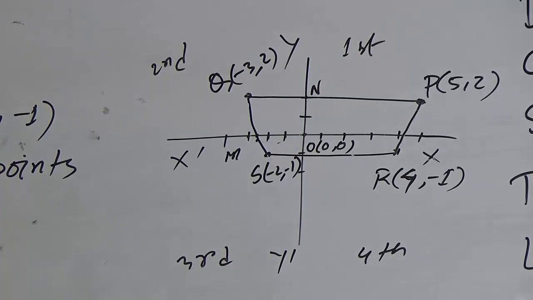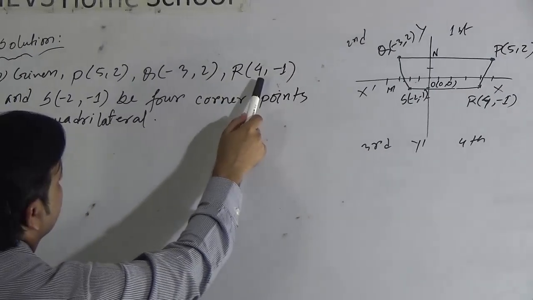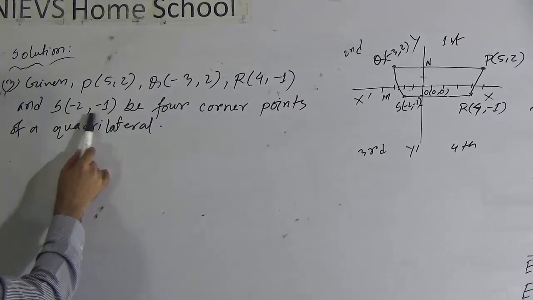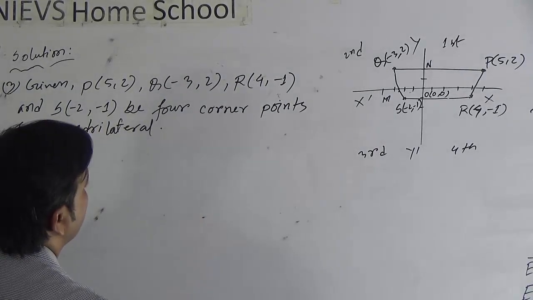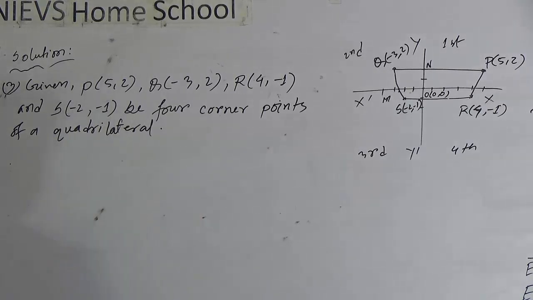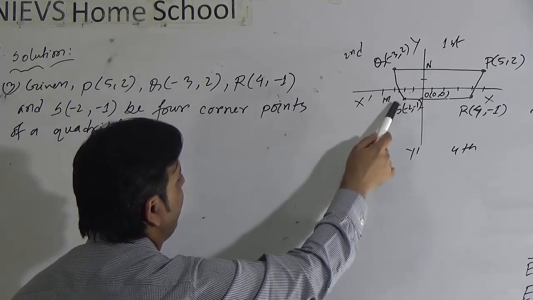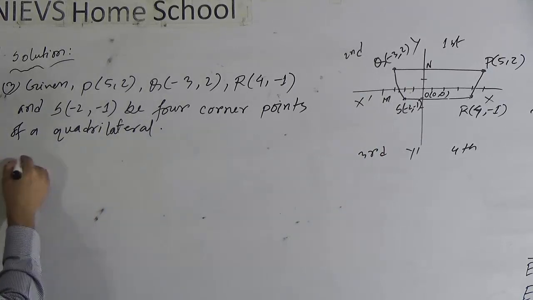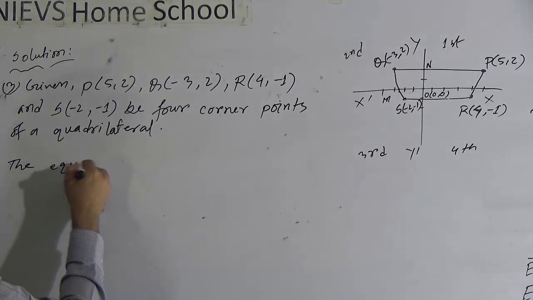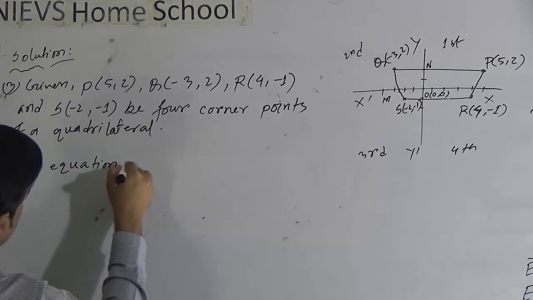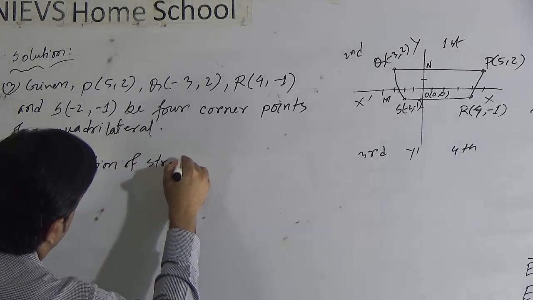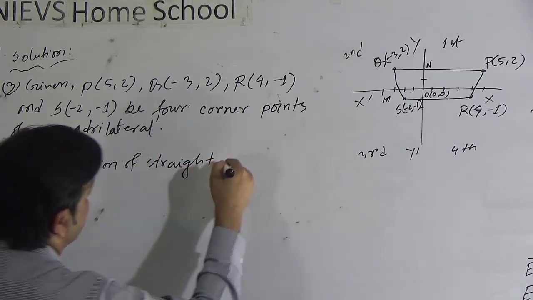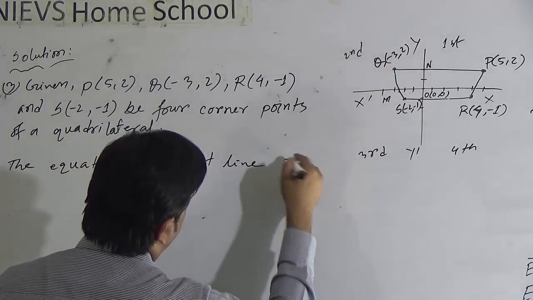So we can write here, given P (5,2), Q (-3,2), R (4,-1), and S (-2,-1) be 4 corner points of a quadrilateral. Now we can determine the equation of straight line QS.